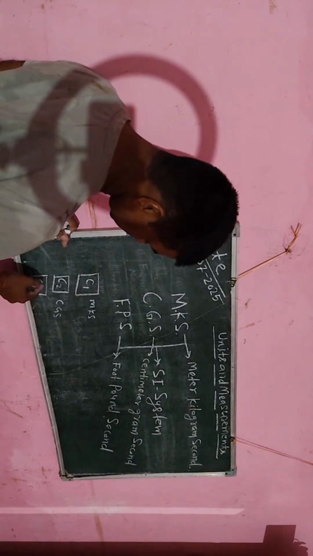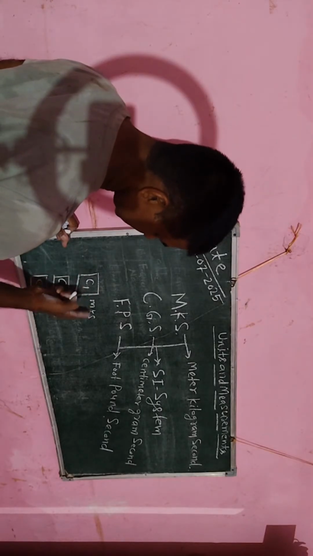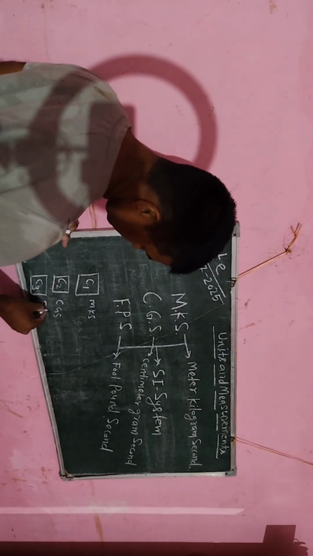Similarly, country C3 does not understand the concept of the MKS system and the CGS system. Suppose that this is the FPS system.